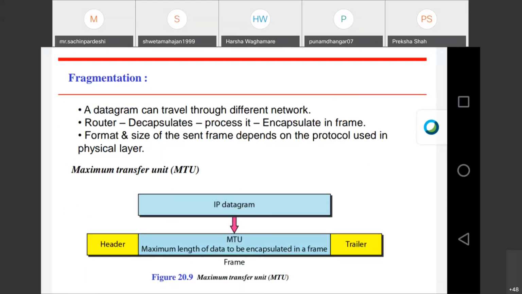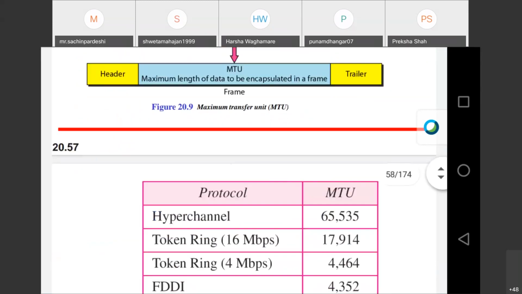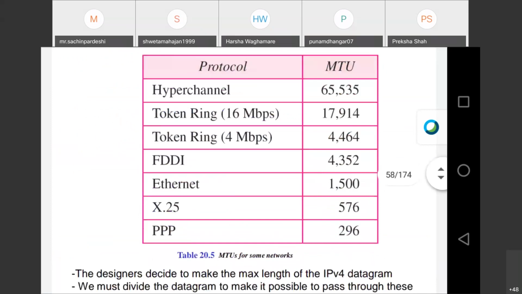Why? What is the necessity? We have to divide the packet because there are different types of networks. We have seen different types of networks, and each type of network has its own maximum transmission unit, that is MTU.